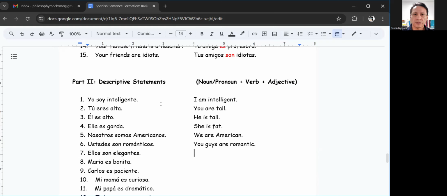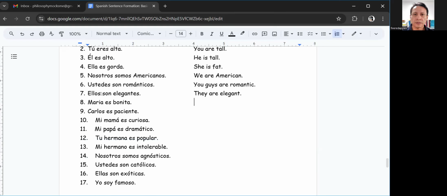Okay. Ellos son elegantes. Please tell me you know what elegantes is. Ellos son. They are elegant. And notice that elegantes is plural because ellos is plural. If it wasn't ellos, if it was just él, then it wouldn't be elegantes.